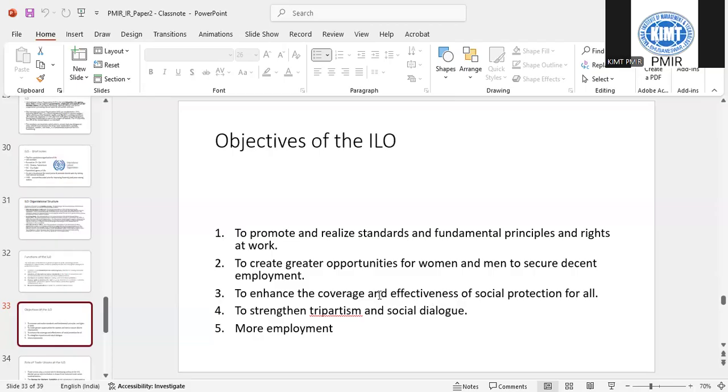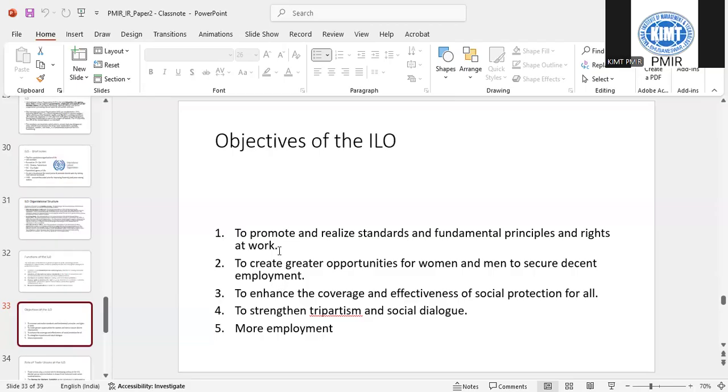Insurance or any pension or loan, that kind of security ILO is implementing, or that is the objective.